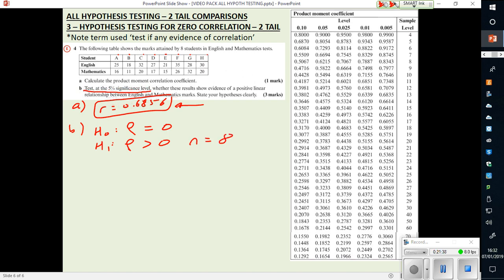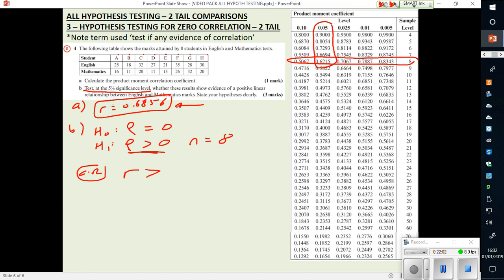So n is 8. Again, we need to establish our critical regions, and we do that by looking at the table. So n is 8 here, and we're looking at a significance level of 5%, so that's here. So we're at 0.6215, and as it's greater than 0 here, we're looking at more than.